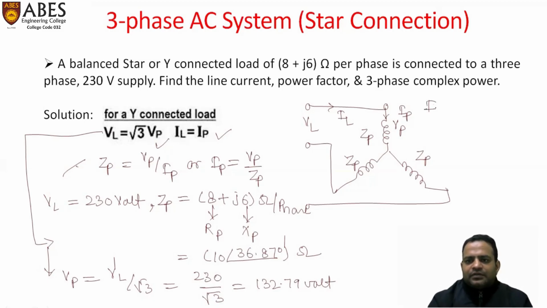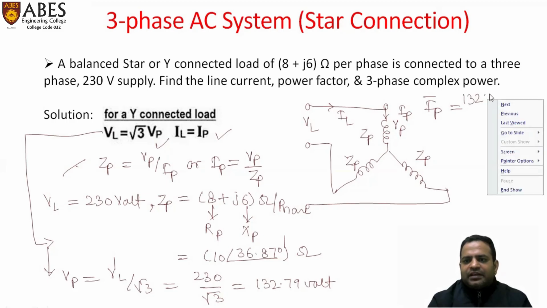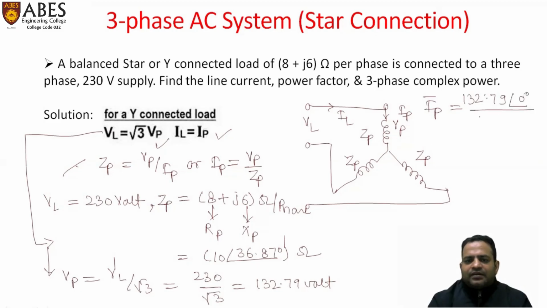So here, taking VP as 132.79 with an angle 0 degree, and our ZP is 10 angle 36.87 degree.